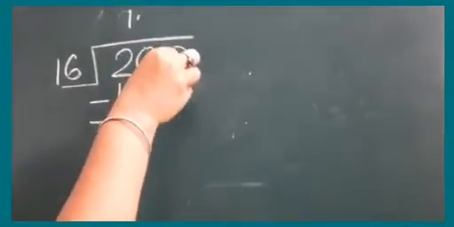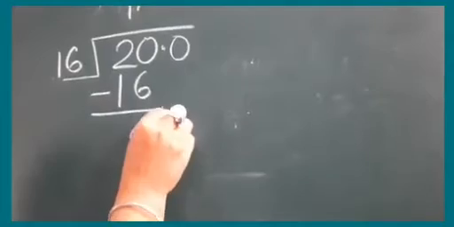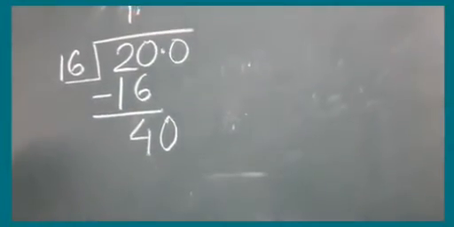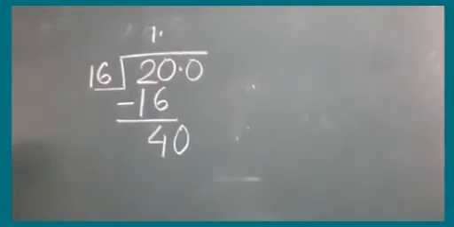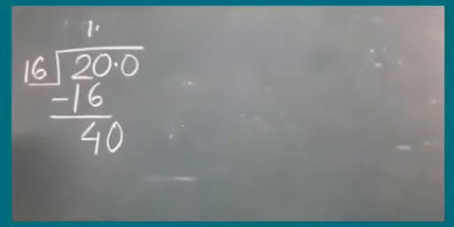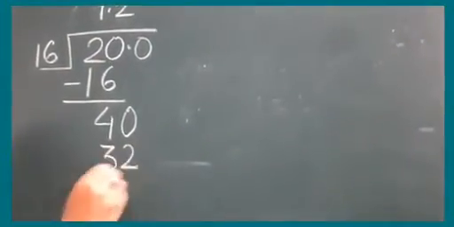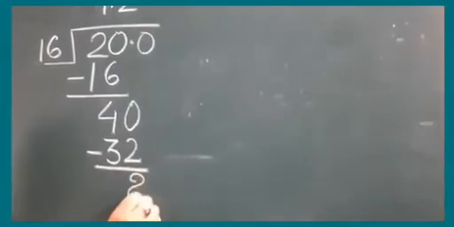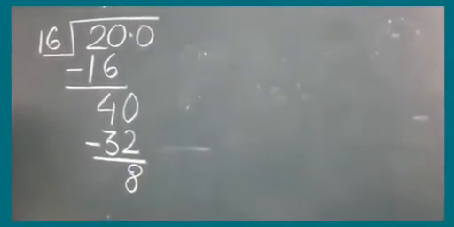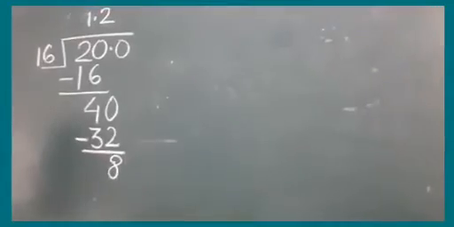Now before shifting this 0 here, first I will shift this point in the quotient. Now after bringing down 0 here, the number becomes 40. Now in the table of 16, 40 doesn't come. The smaller number that comes is 32. Now 16 twos are 32. Subtracting 32 from 40, the remainder is 8. Now again I have a number in the remainder, so I need to add one more 0.